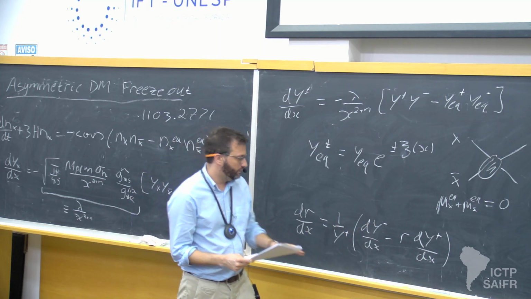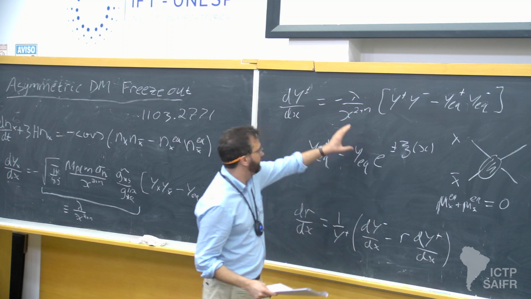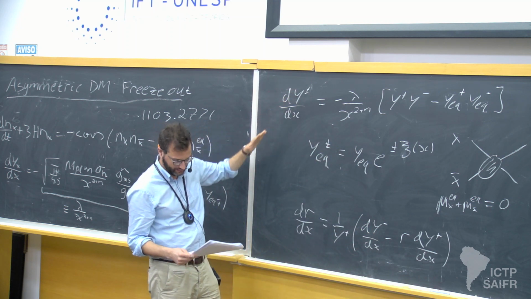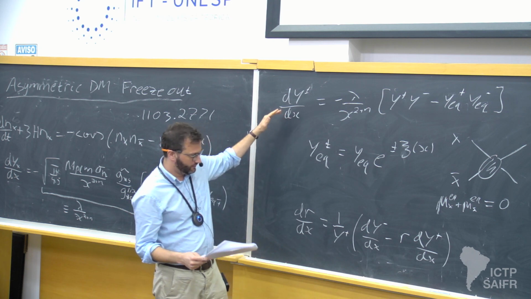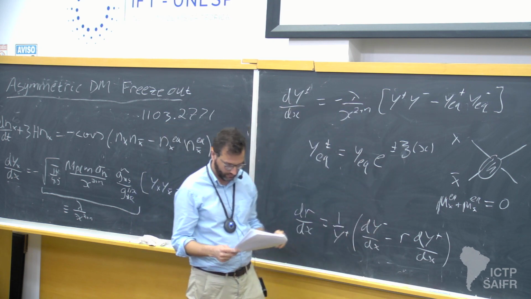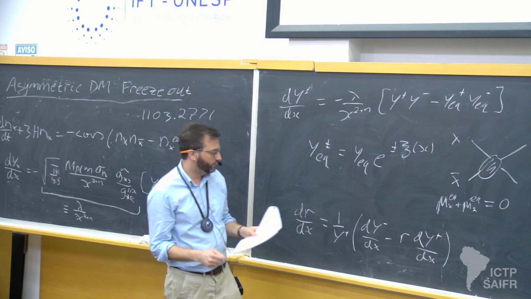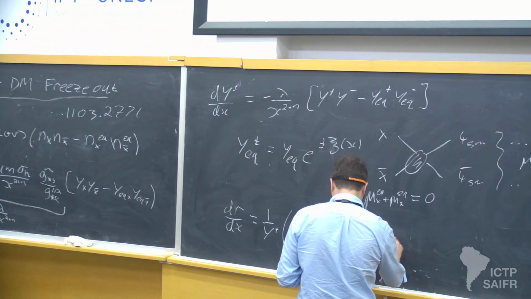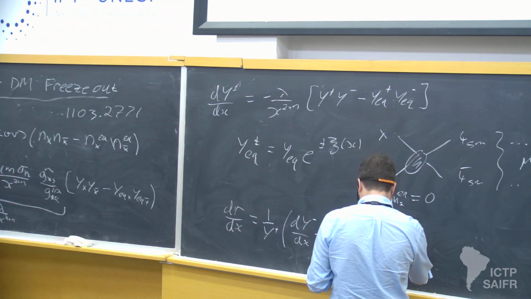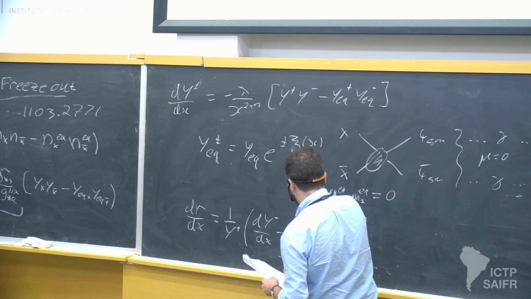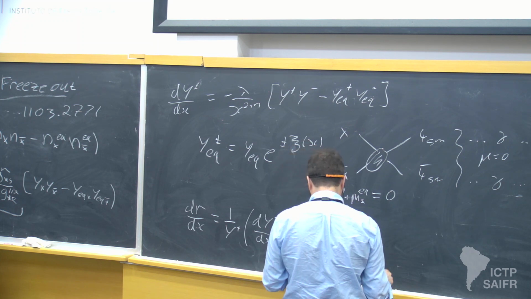And now we're going to plug in. Here we have the equations dy plus dx and dy minus dx. And so then you can just plug those into here. And you should find then that this is equal to, so here these are the same, just that you have this minus sign and this r.